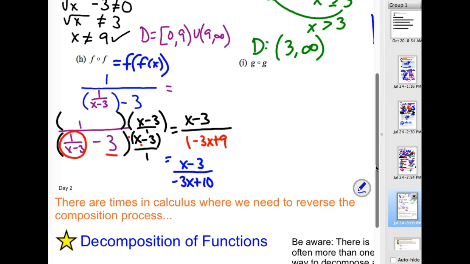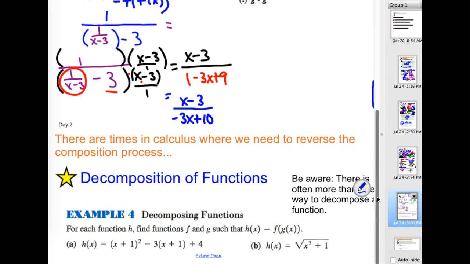All right. So looking at domain restrictions, we have to focus on restrictions of our inside function, which was to eliminate the number 3. And then we look at domain restrictions on our final answer. So let's look at what makes this piece here equal to 0. So negative 3x plus 10, we don't want it to be 0, which means negative 3x can't be negative 10, which means x cannot equal 10/3.